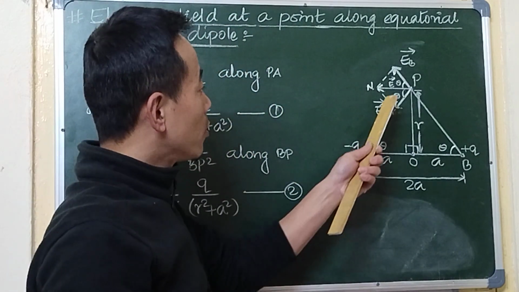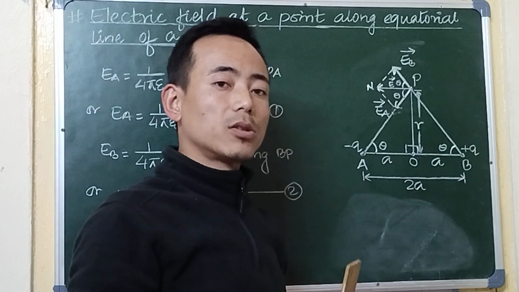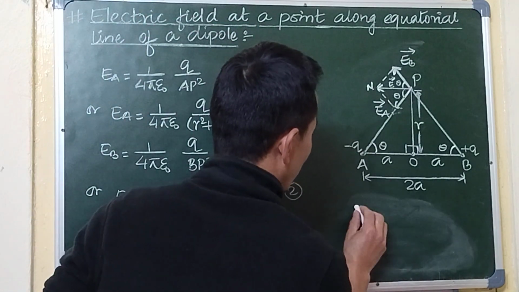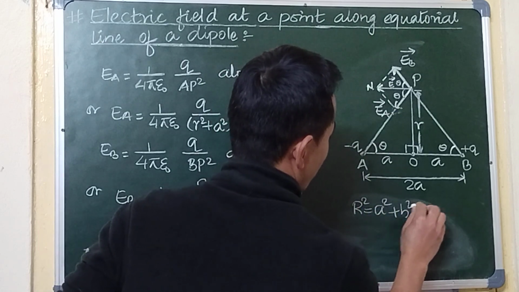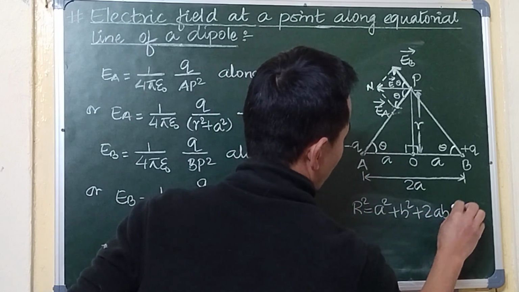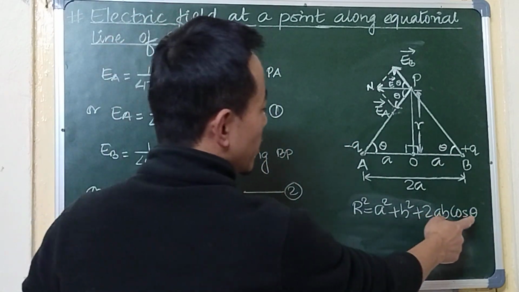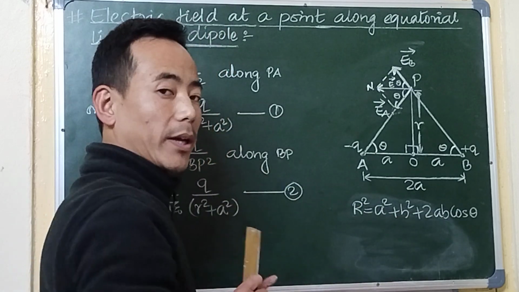So let's now find the value of this resultant field E. For that we will use another formula from class 11 vectors, which is r square equals a square plus b square plus 2ab cos of theta. And here theta is the angle between the two vectors, that is a vector and b vector.